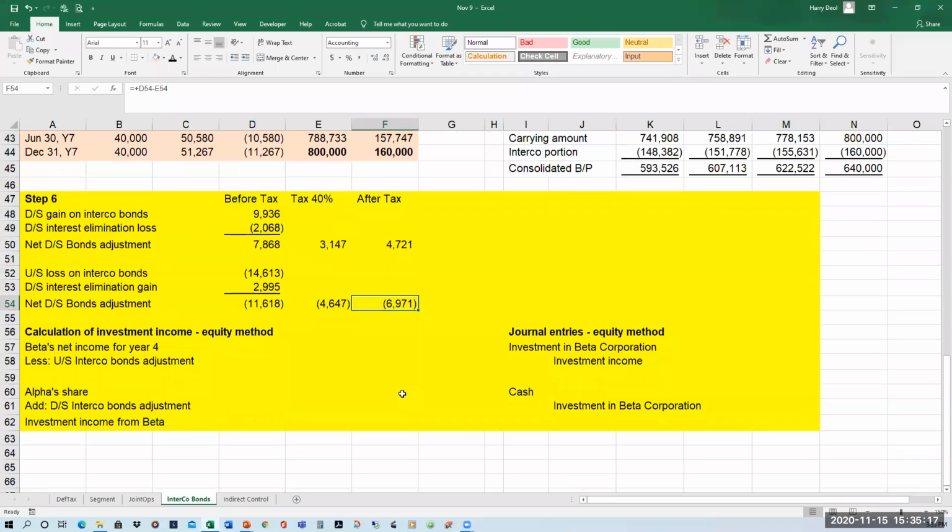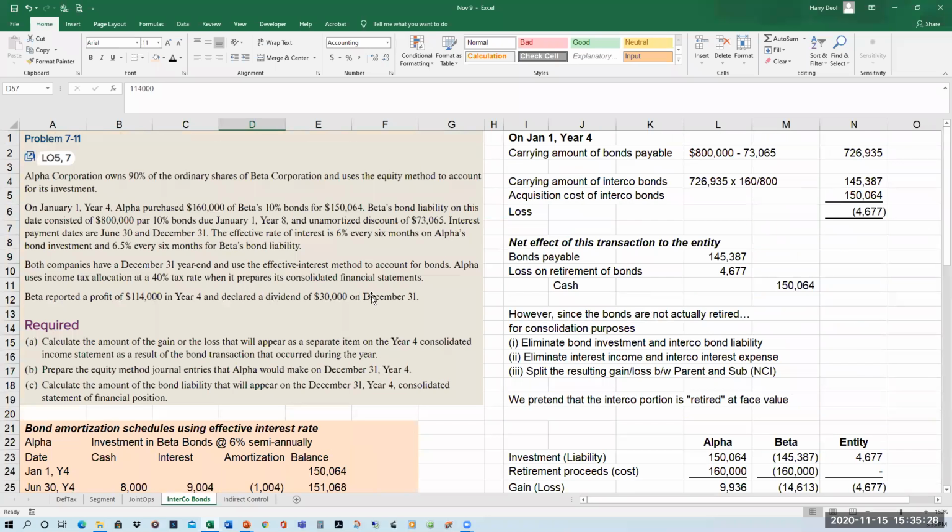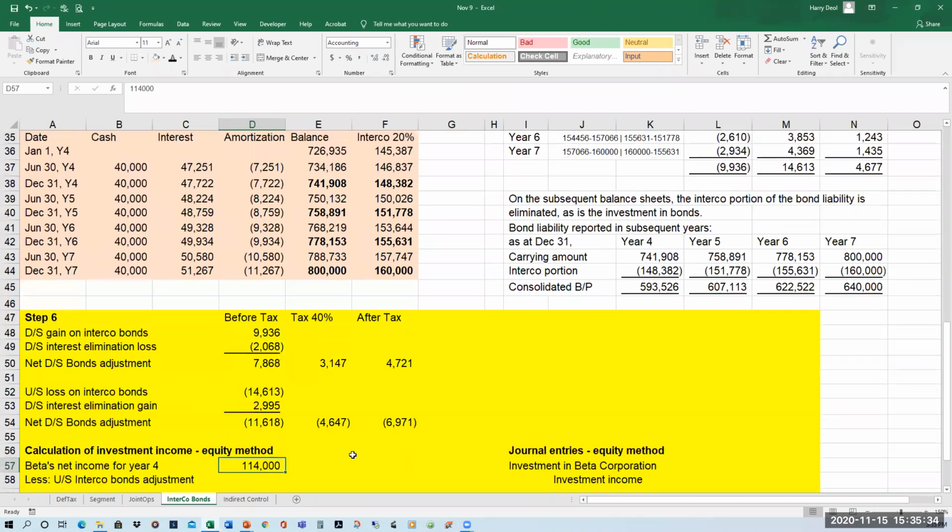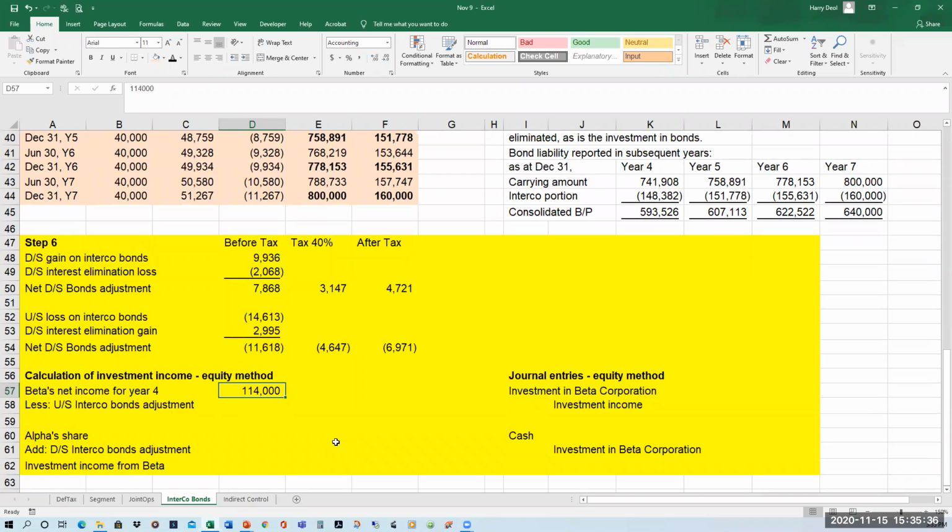So when calculating the investment income, we'll start with beta's net income for year 4, which is 114,000 according to the problem. Beta reported a profit of 114,000 in year 4. This is before making any kind of adjustments for the bonds. So we have to take the upstream bond adjustment. Because this is a loss, we will reduce the income by 6,971.